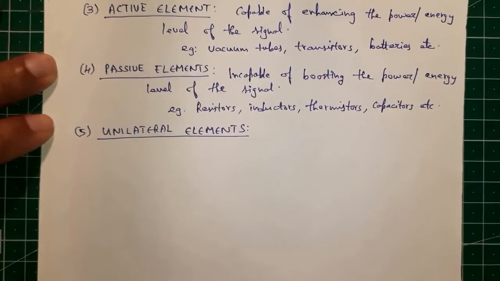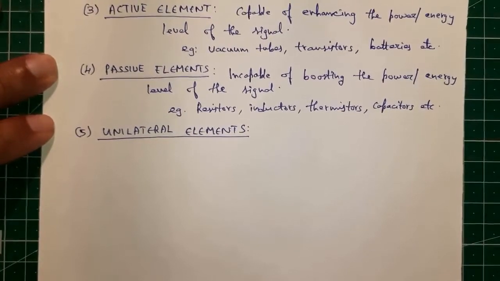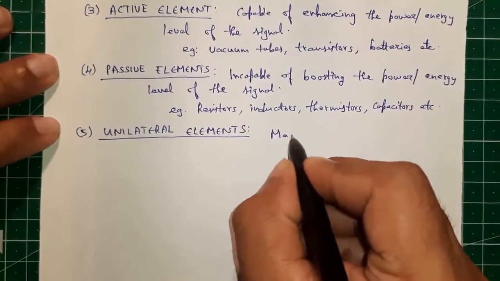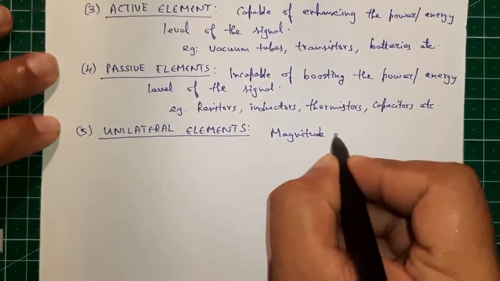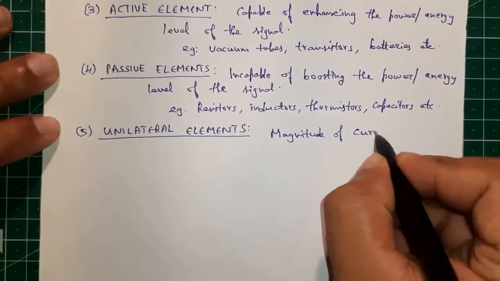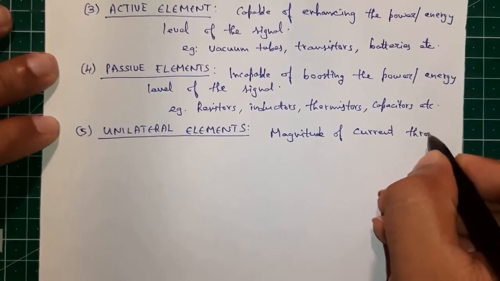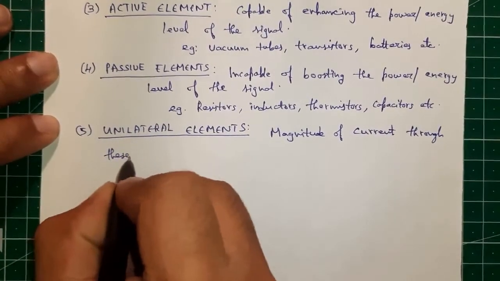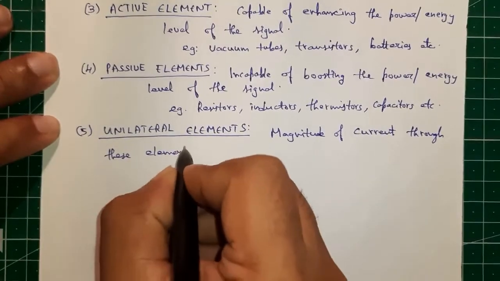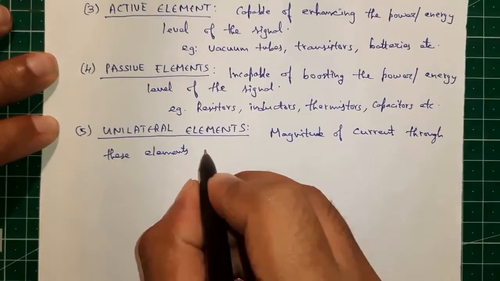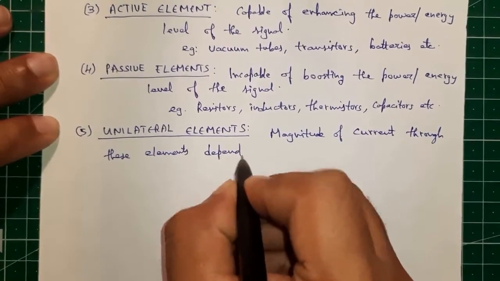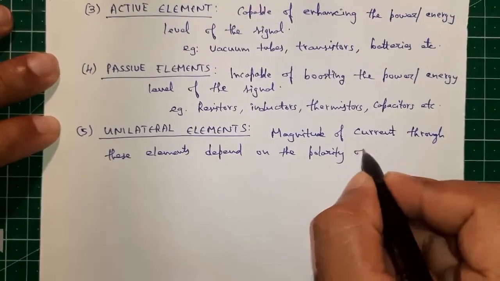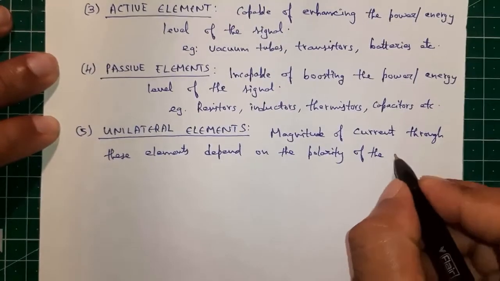We can define unilateral elements as those such that the magnitude of the current through these elements is going to depend on the polarity of the applied voltage.